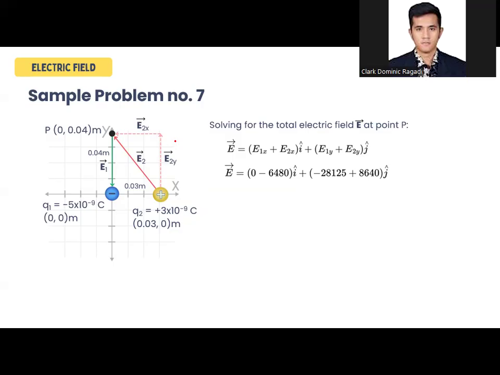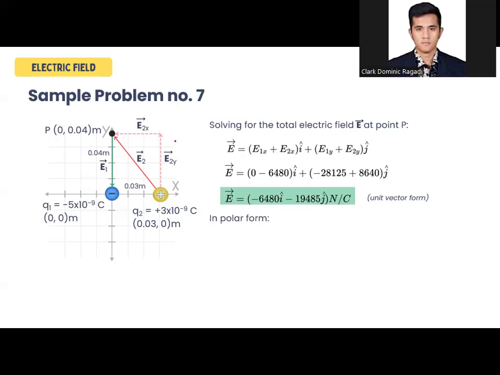Plus the y component of E1, that is negative 28,125, and the y component of our E2. So that results in this value in unit vector: negative 6480 i hat minus 19,485 j hat newtons per coulomb.